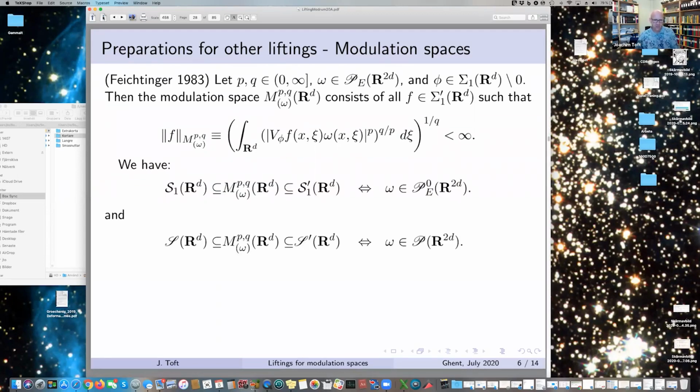In the case that we take the weight from this smaller set, one can show that these modulation spaces are between S_1 and S_1 prime. They are also quasi-Banach spaces, so they are complete spaces. And if we have a polynomially moderate weight, then we are in the ordinary distribution theory.